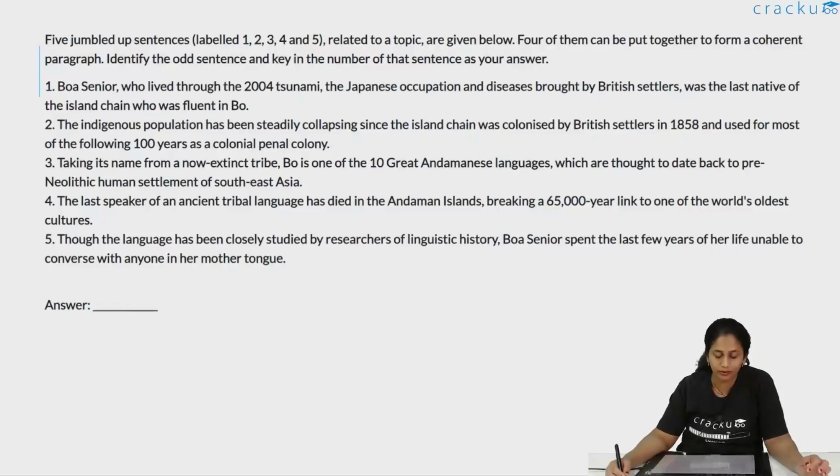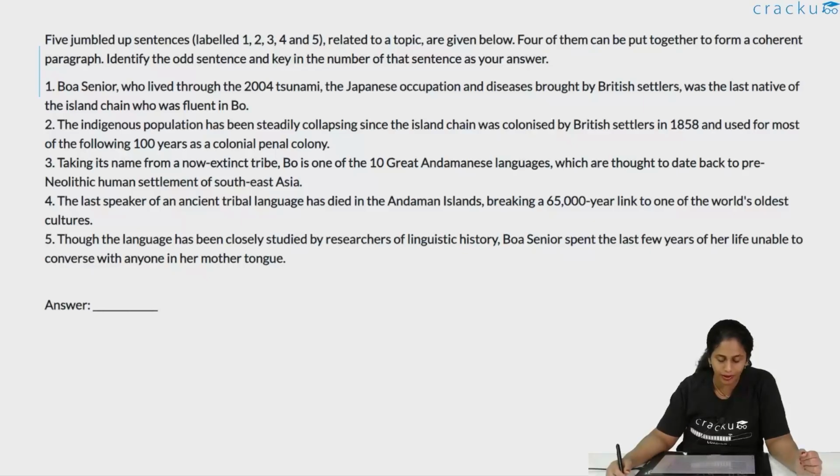In this particular OOC para jumble question, we are given the following sentences. Boa Senior, who lived through the 2004 tsunami, the Japanese occupation and diseases brought by British settlers, was the last native of the island chain who was fluent in Bo. The indigenous population has been steadily collapsing since the island chain was colonized by British settlers in 1858 and used for most of the following 100 years as a colonial penal colony.